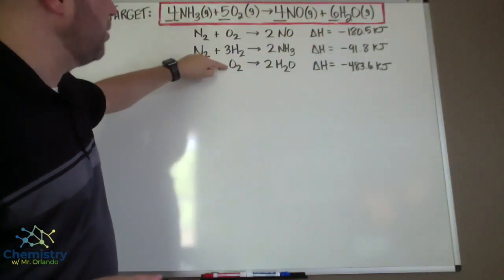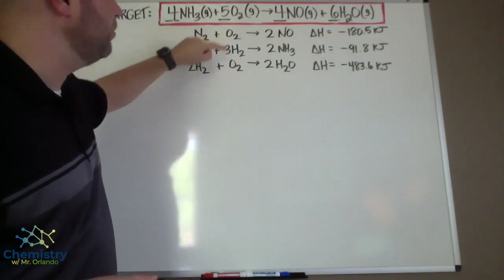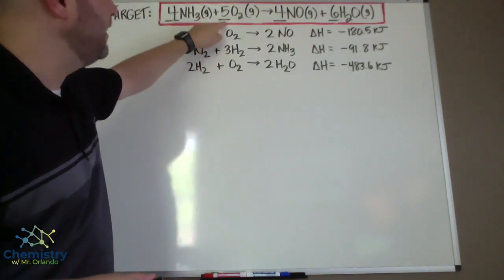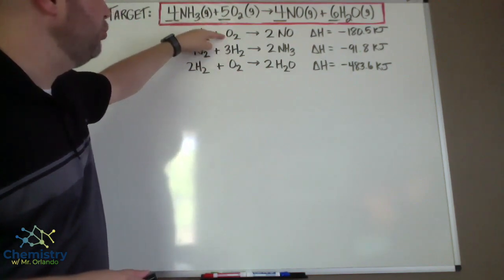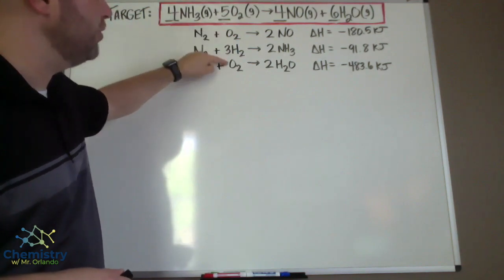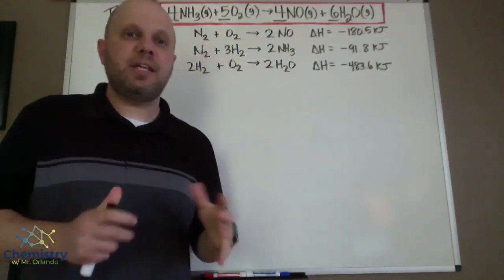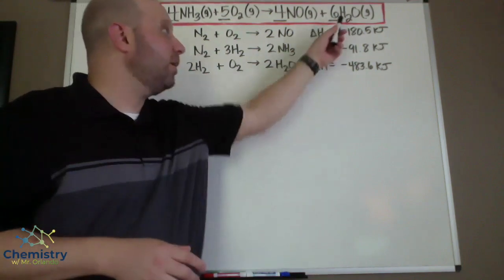So oxygen I wouldn't pick either because oxygen appears in 2 different spots. So I know I need to get 5 oxygen. Do I get 2 from here and 3 from here, 5 from here and none of these? So don't pick something that appears in multiple spots. So I'm going to pick water.